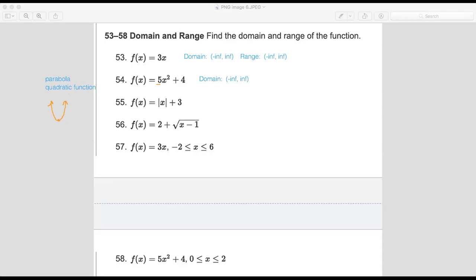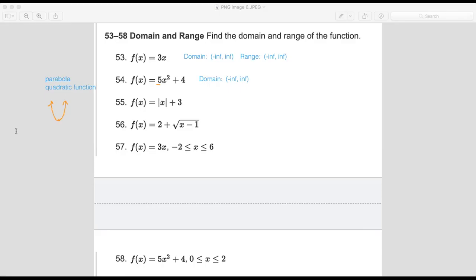And you do that by finding the vertex. So if you get a parabola quadratic function, you find the vertex. There are a number of ways you could do that. Like this one, I know it right away because it's a relatively simple one. But normally you would do negative b over 2a, which is the axis of symmetry.